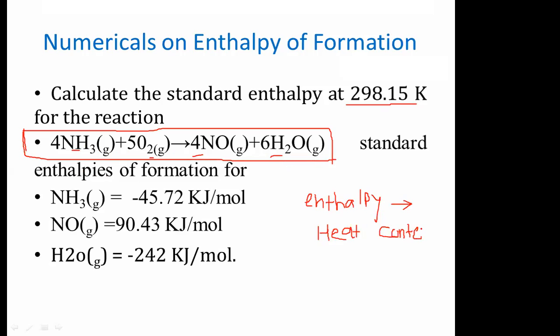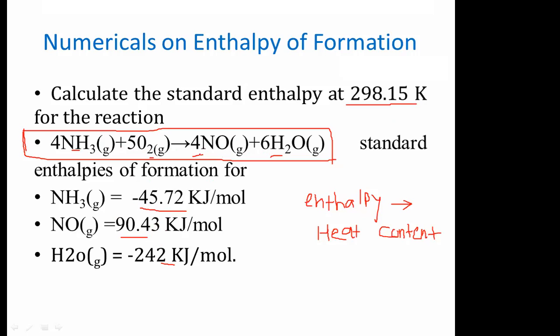So if we know the enthalpies of formation for NH3, NO, H2O, then we can calculate the standard enthalpy of the entire reaction, because enthalpy is a property and it only depends on the initial and final states of the system.